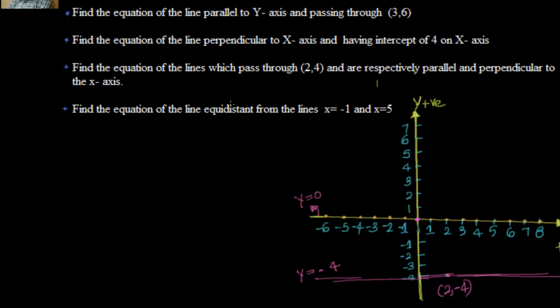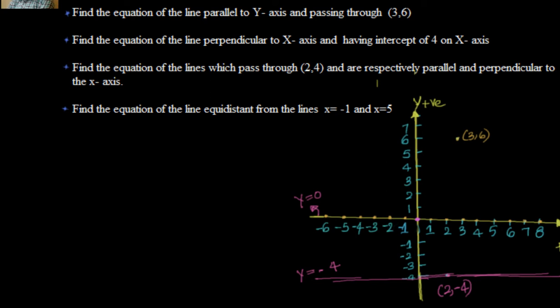Now the next one: find the equation of the line parallel to the y-axis and passing through (3, 6). Let us see where 3 is here, and I have 6 here. I need a line which is parallel to the y-axis. So this is the point (3, 6).